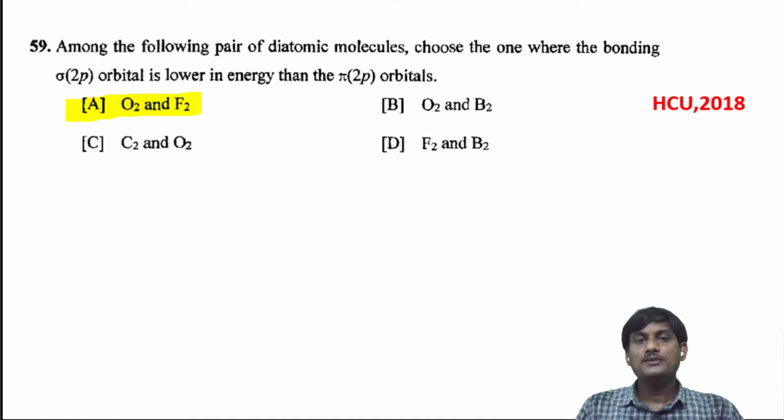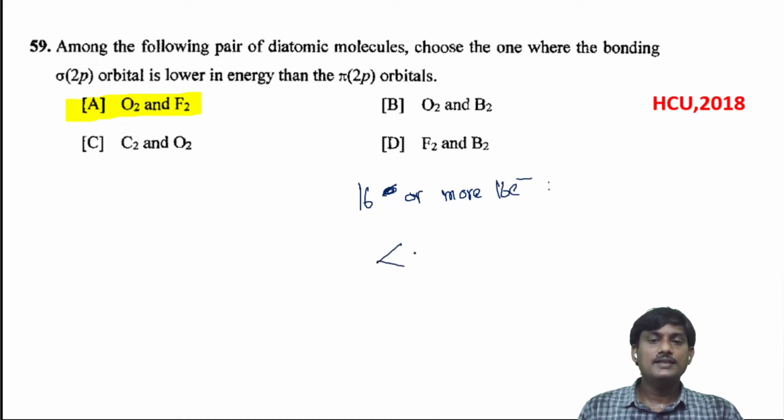Among the following pairs of diatomic molecules, choose the one where the bonding sigma 2p orbital is lower in energy than the pi 2p orbitals. In molecular orbital theory, if the molecule has 16 or more electrons, the electronic configuration is different from that with fewer than 16 electrons.